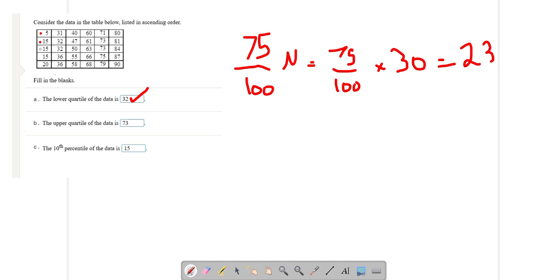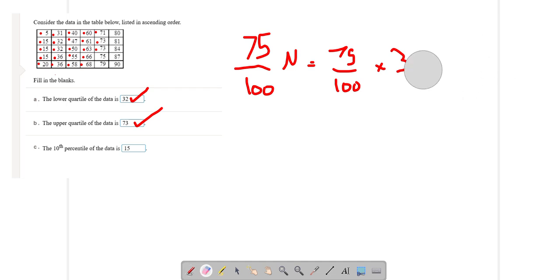Counting up to 23, the 23rd position is 73, and that's our answer.